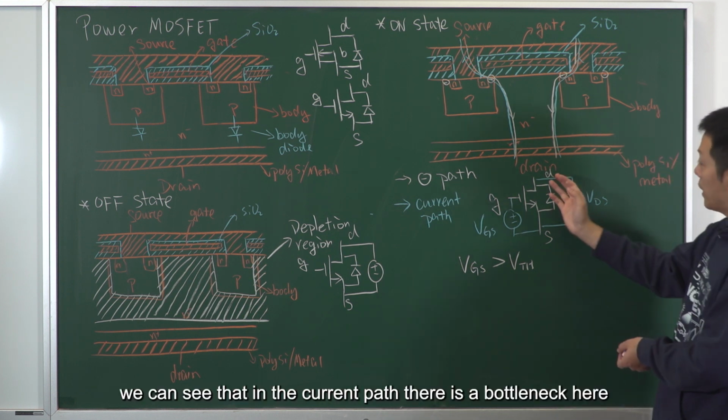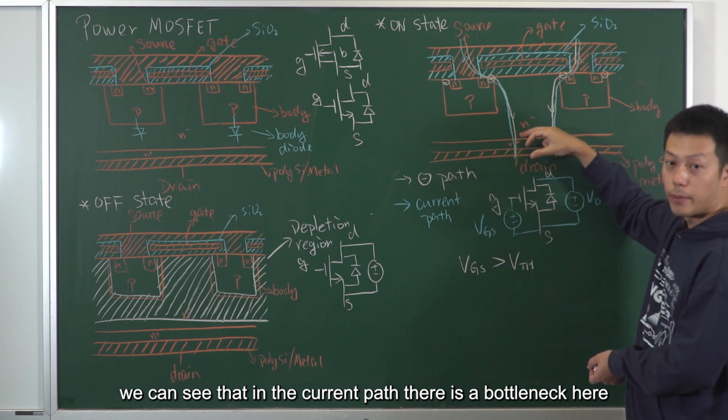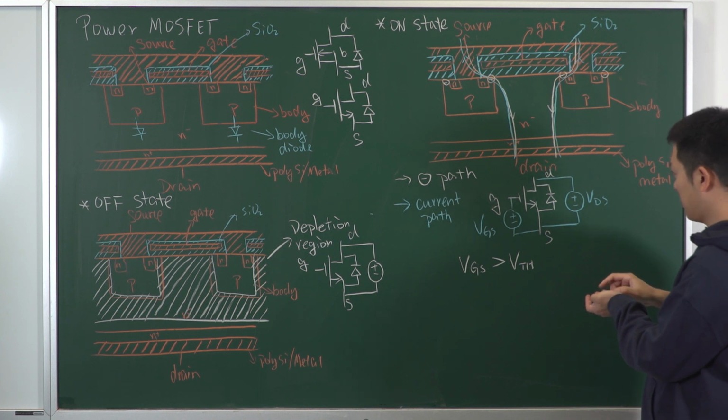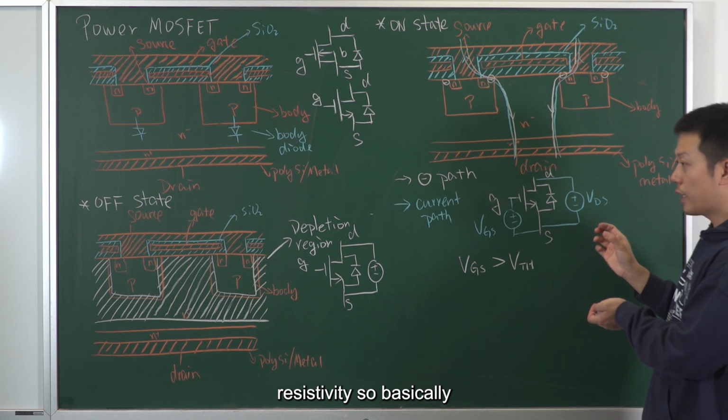And also, we can see that in the current path, there is a bottleneck here, which is the N minus region, right? The N minus region has the highest resistivity, right?